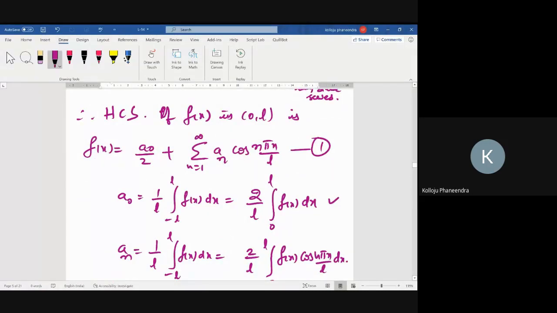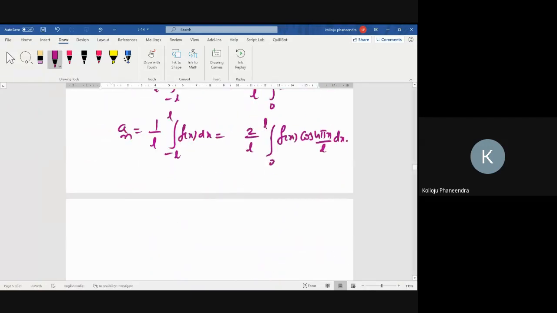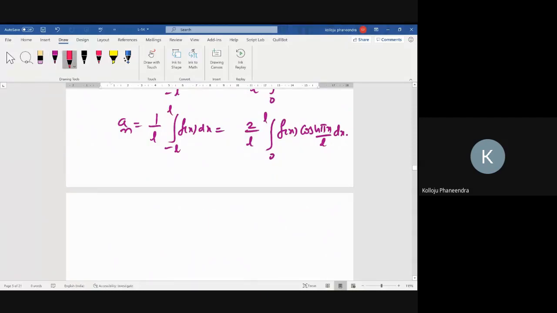And one can think, what is the change when the interval is minus L to L and 0 to L? For example, see, Fourier series of f of x equal to x in the interval 0 less than x less than 2.